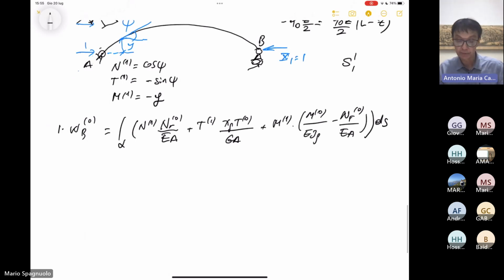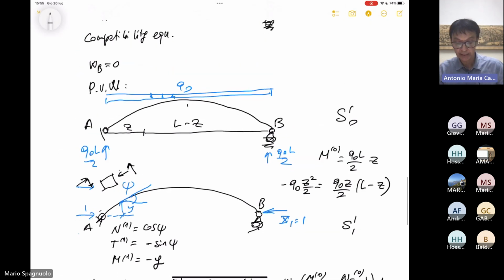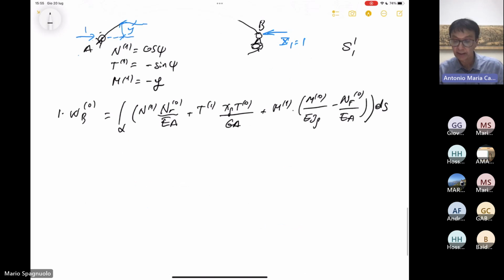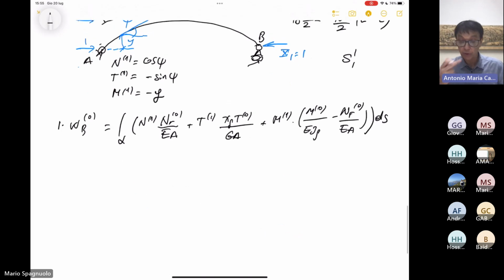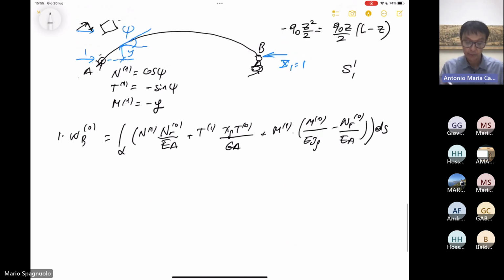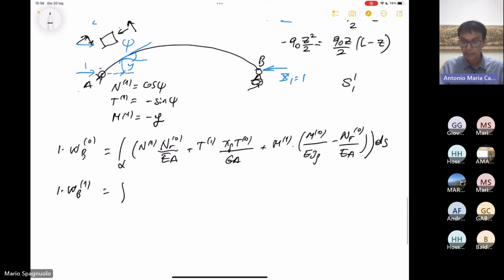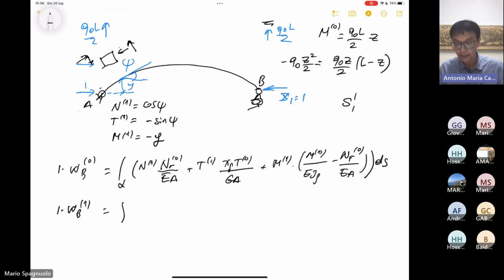With WB equal to 0, we have WB0 plus X1 WB1 equal to 0. If I want to compute the second term, WB1, I have to take the stress on this scheme and the strain on the same scheme.